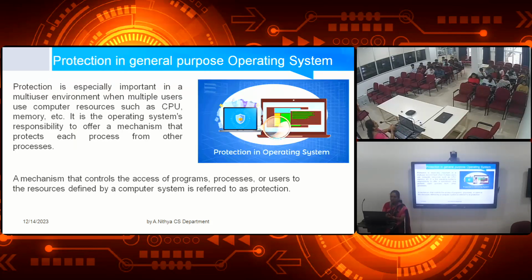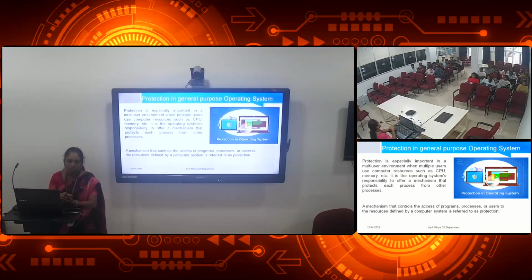The next thing is the main topic for you. What is the topic? Protection in general purpose operating systems. So apart from your data, information, and personal things, how are we going to protect your computer with the CPU and other devices? Let us see one by one.